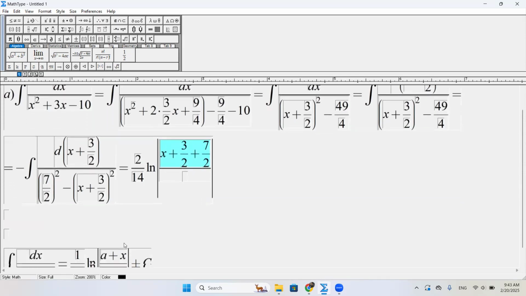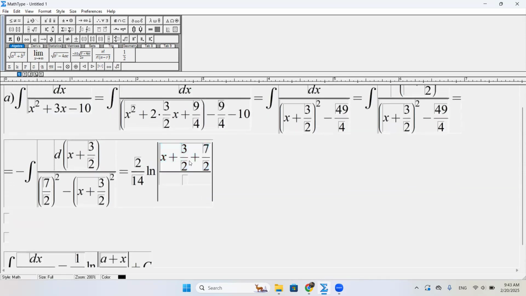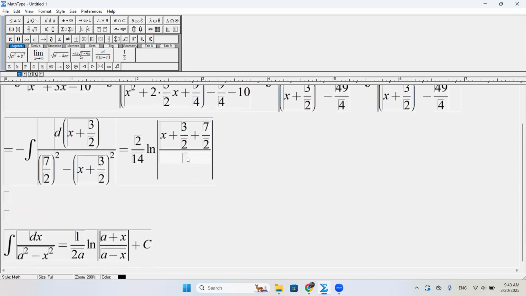Oh no, vice versa actually. For the numerator it doesn't matter, and here minus, so minus x minus 3 over 2, plus c. Now let's simplify a little bit.